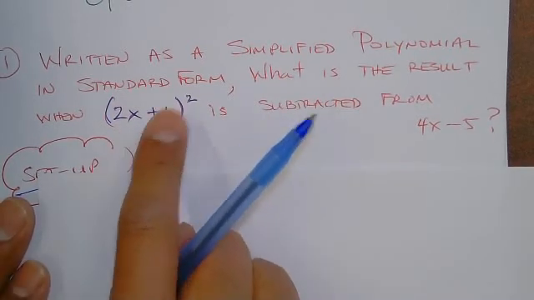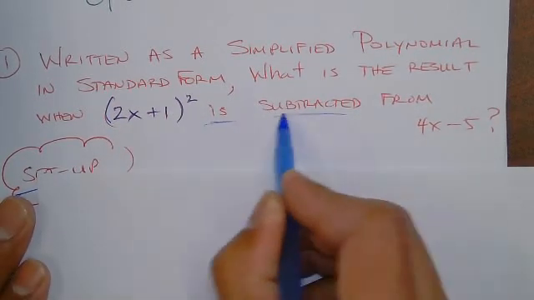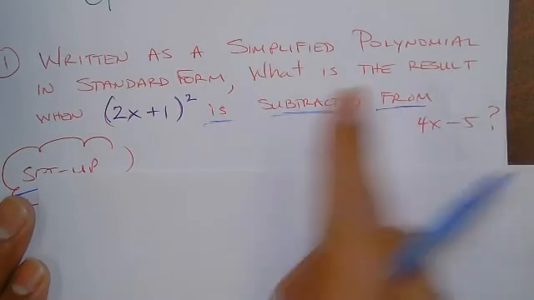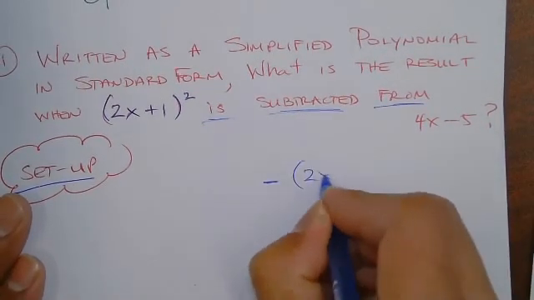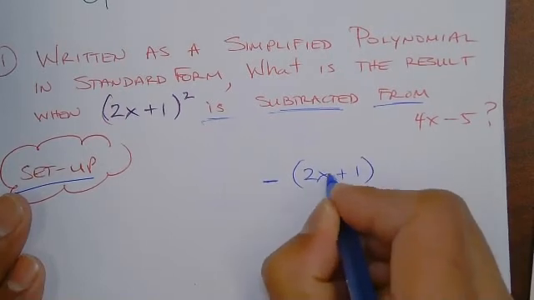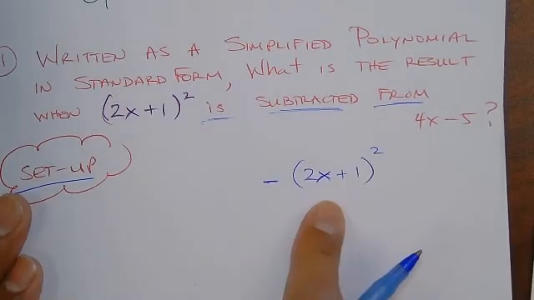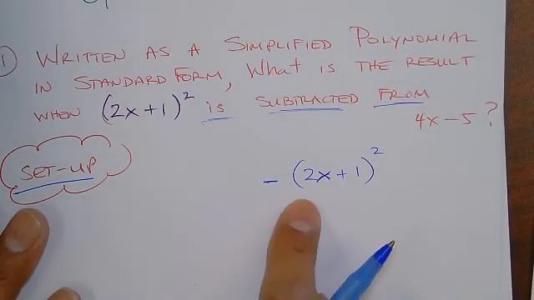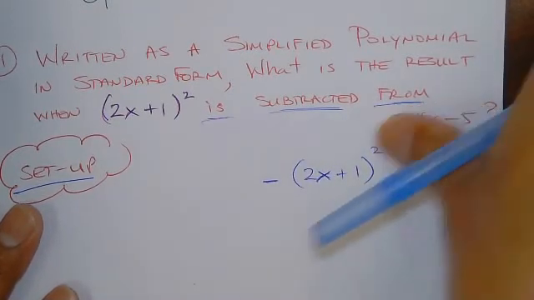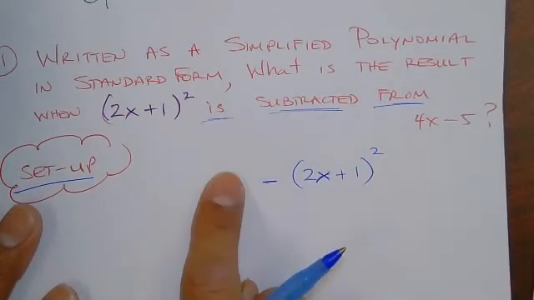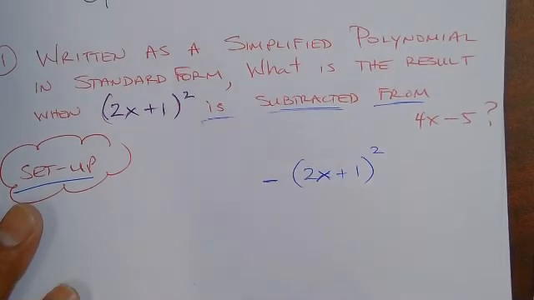Okay, so let's read it. 2x plus 1 squared is subtracted from. Let me stop right there. This is being subtracted, so this goes in the back part, because that's what's being subtracted. This is being subtracted from, so the from goes up in the front.